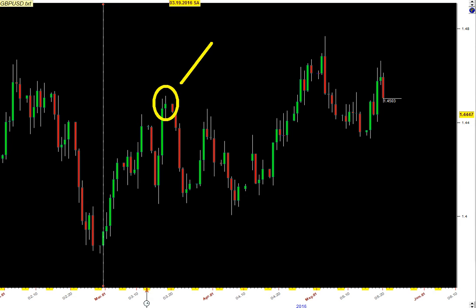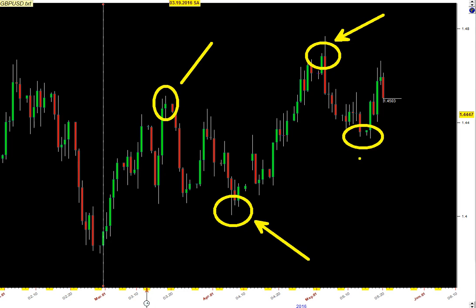We can make a pivot high. Somewhere around here could be a possibility that we could have a pivot high. Somewhere around here there's a possibility that we have a pivot low. Somewhere around here could be a possibility that we have a pivot low. Same thing here.